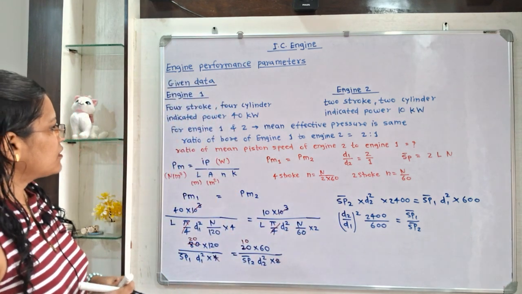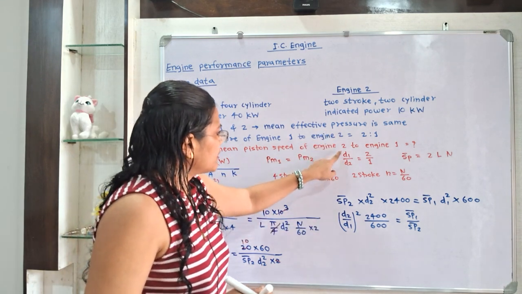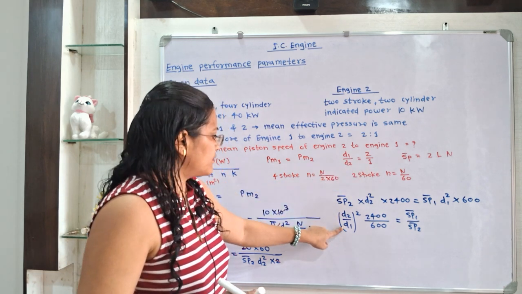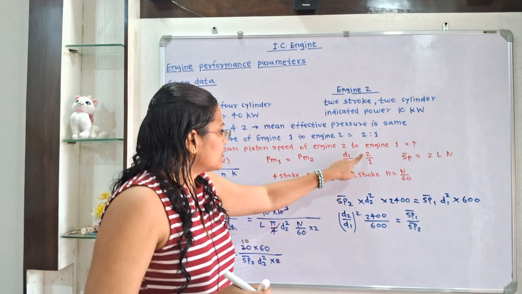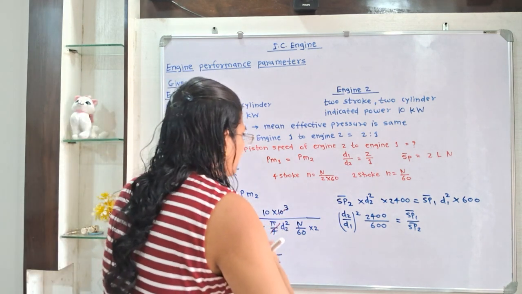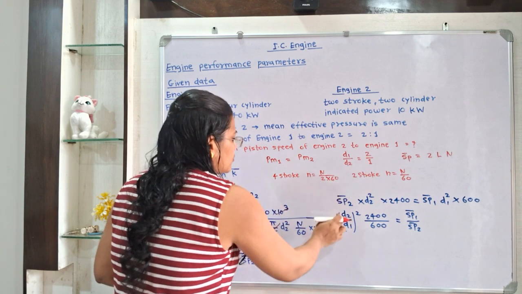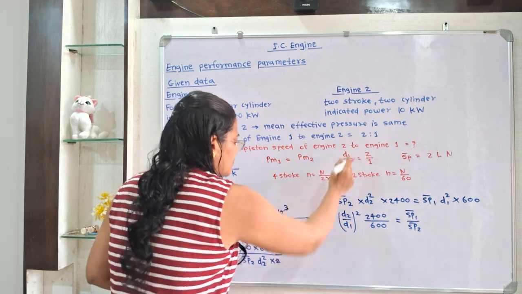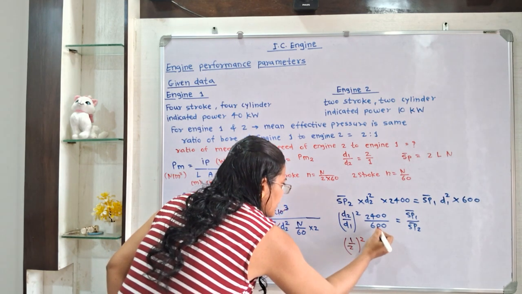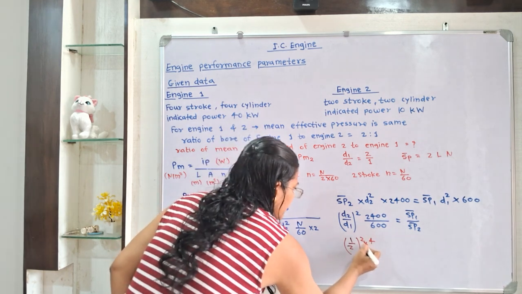Now if we observe, the ratio 2:1 is given, so D1 by D2 is 2 by 1, so D2 by D1 is 1 by 2. So 1 by 2 bracket square multiplied by 4, this is cancelled, here is 4 multiplied by 4.